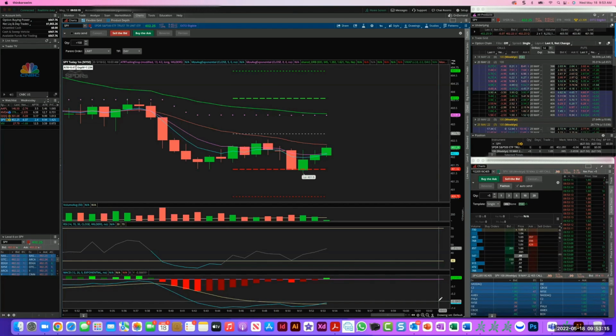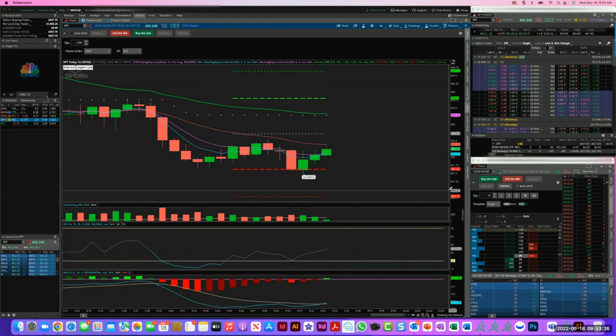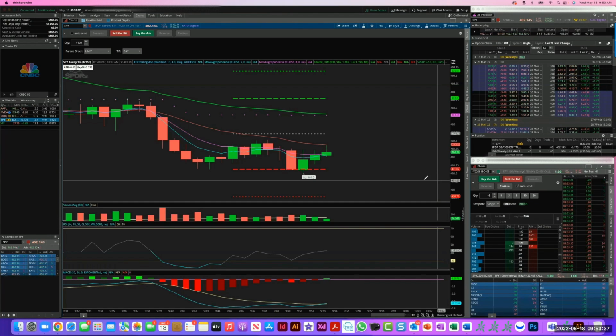Now, it may very well be that this trade may not last long. We just have to watch and see how the SPY handles this resistance. But I think this is going to be a nice trade to the upside today.